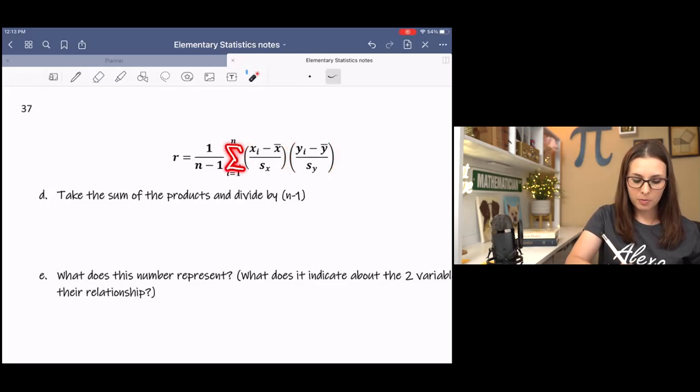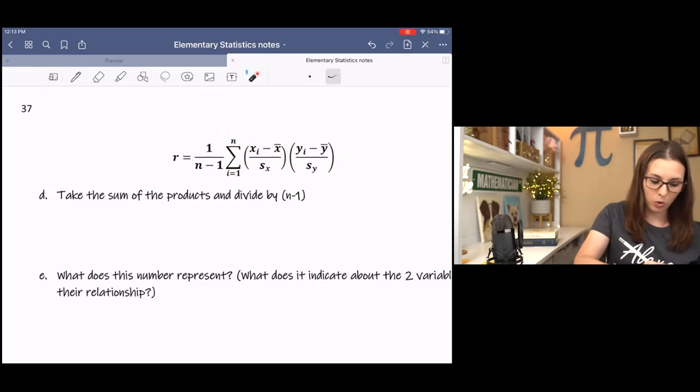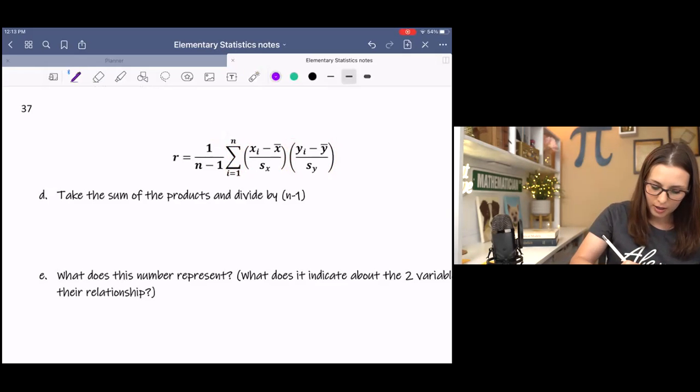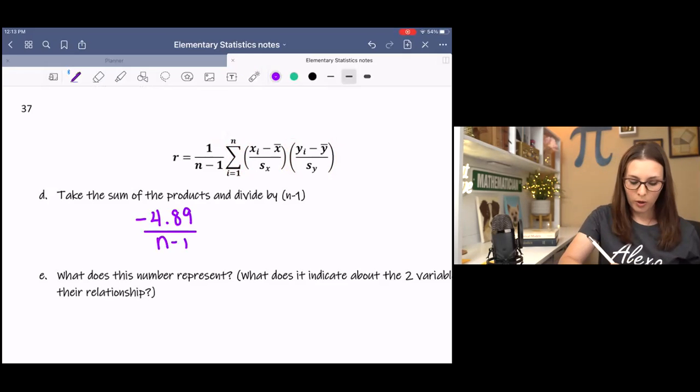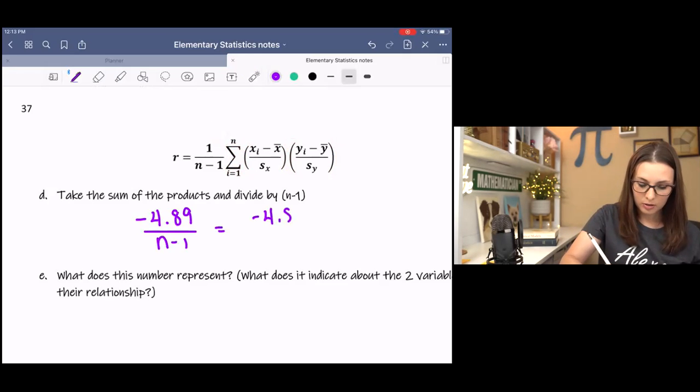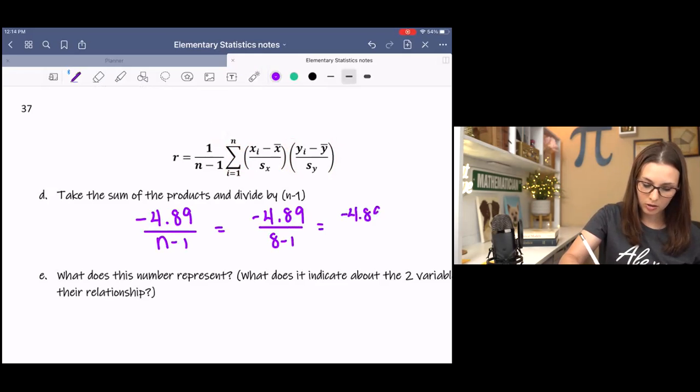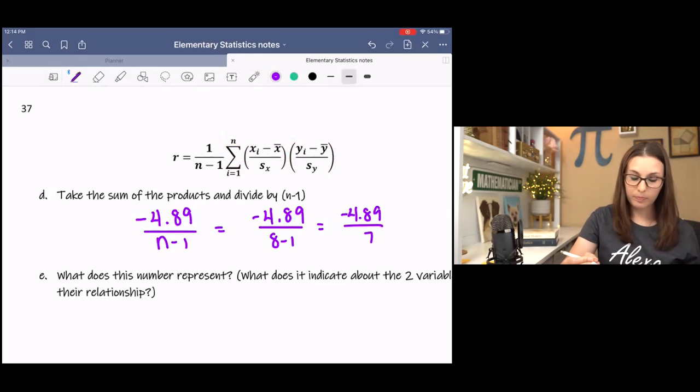We added them all up. And now the last step is to divide by n-1. So we got negative 4.89. We're going to be dividing that by n-1. We know that n is 8, and 8 minus 1 is 7.